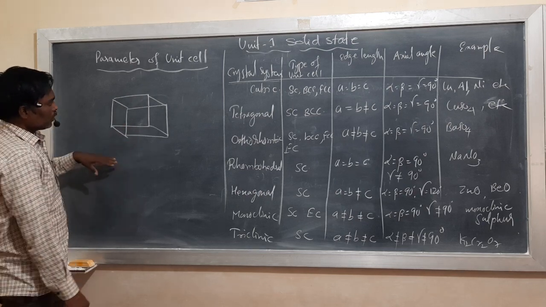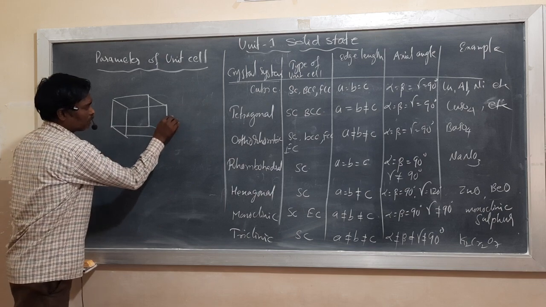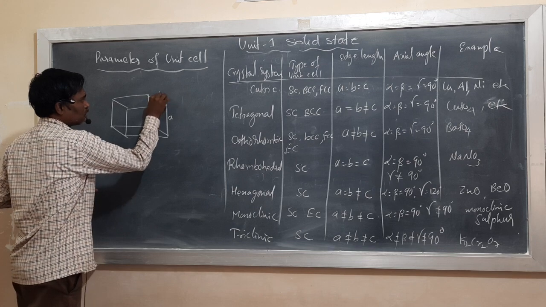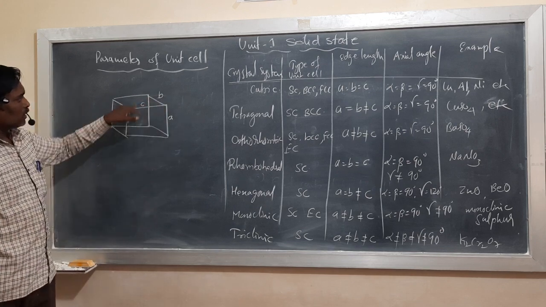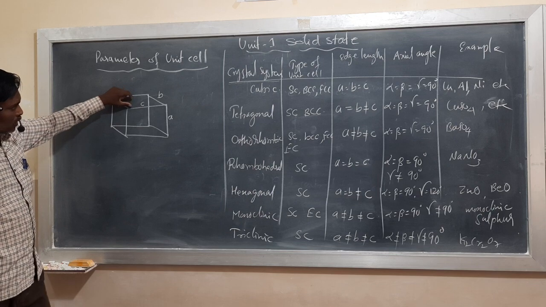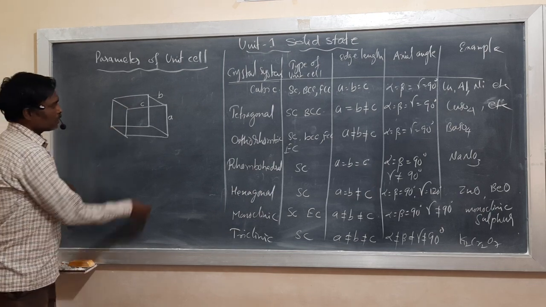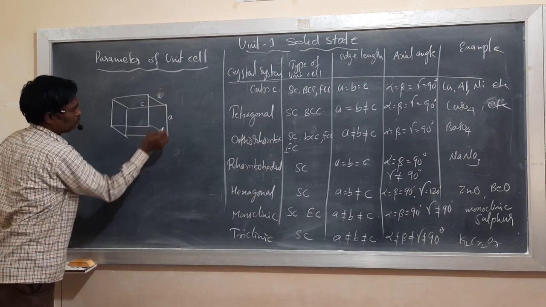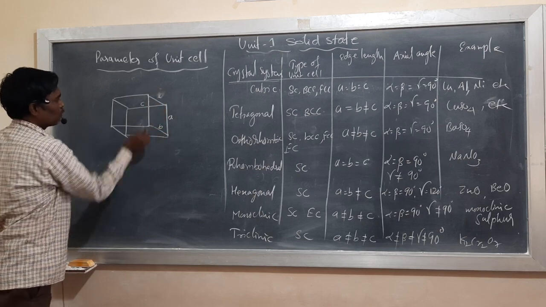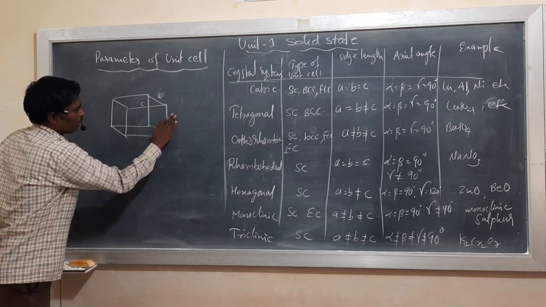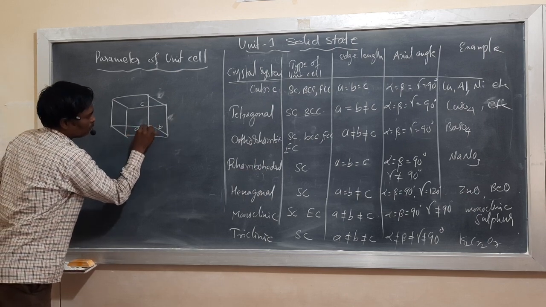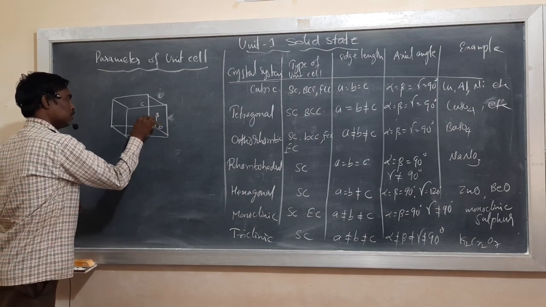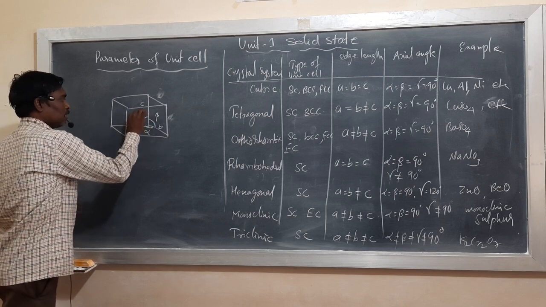Here, I define the edges as height A, breadth B, and length C. So A, B, C are the edges of that cube, and the axial angle between A and B is alpha, B and C is beta, and C and A is gamma.